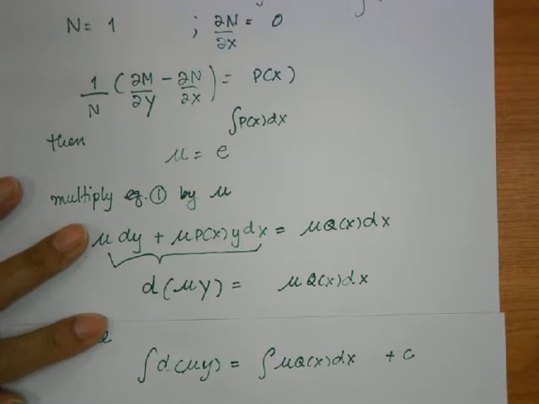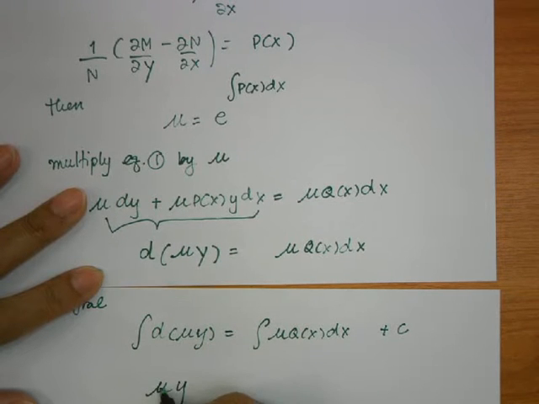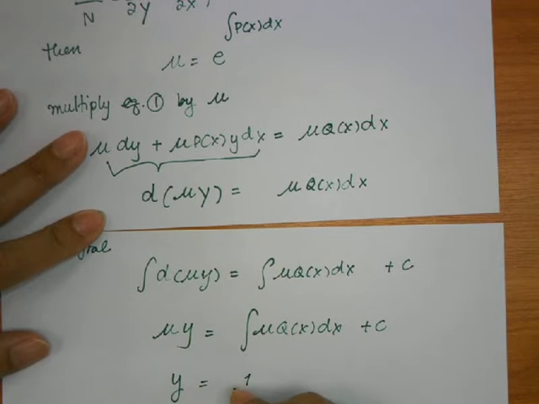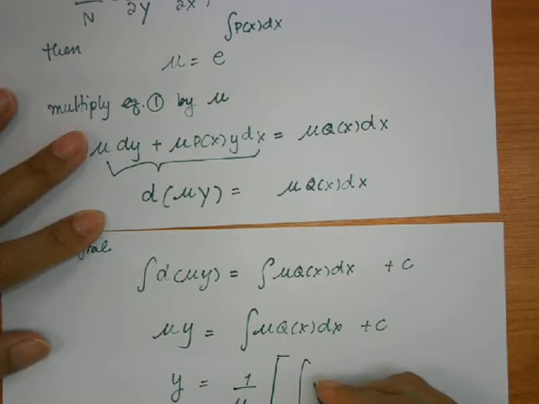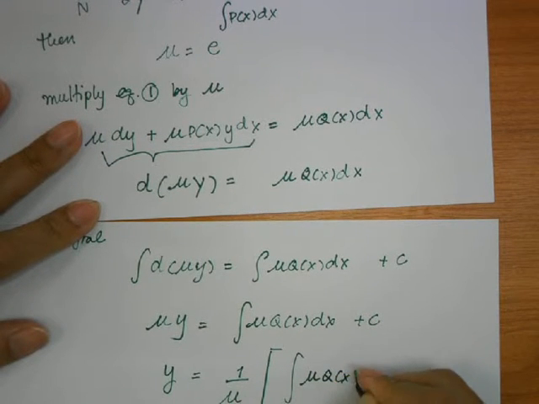Integral du equals u, integral dx is equal to x. So the integral of c, mu y equals mu y, integrating factor times y. So we would get y is equal to 1 over the integrating factor times the whole thing: the integral of integrating factor times q(x) dx plus c.